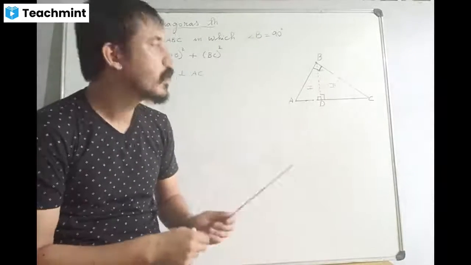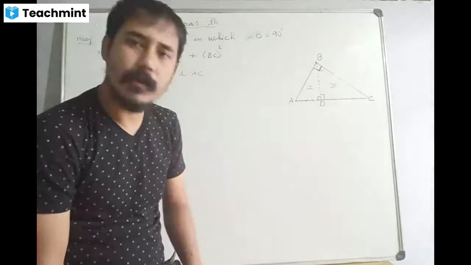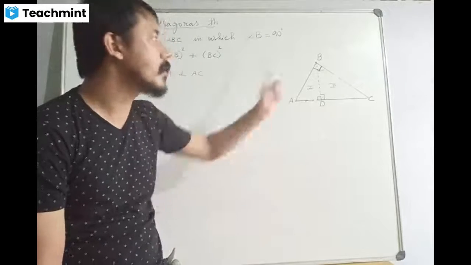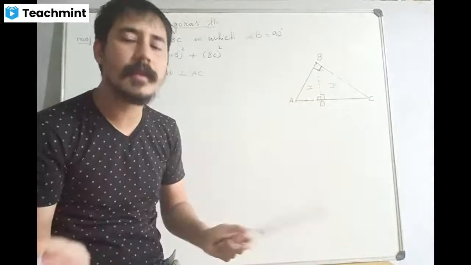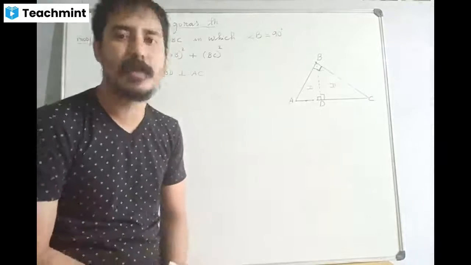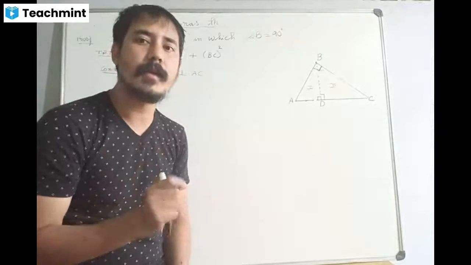So out of the two smaller right triangles, you choose any one of them, and then you take the bigger one. And you show that they are similar to each other.